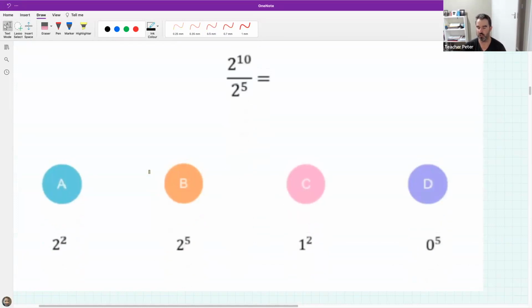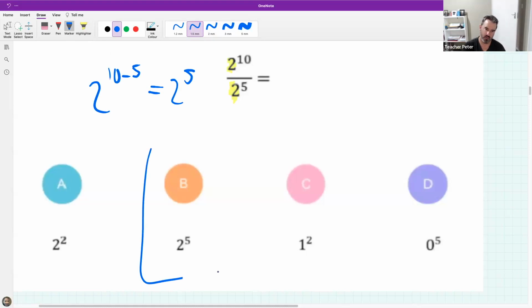This is called law number 2 for exponents. So the bases are the same, but you're subtracting the powers is what you should be thinking of, and you just get, which is B.